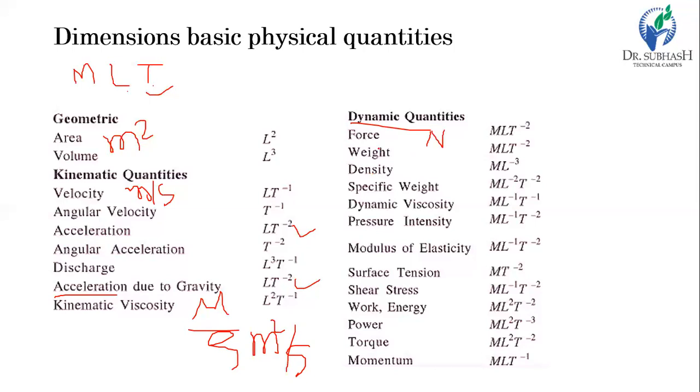For that we can use Newton's second law of motion, F equal to m a, mass times acceleration. The unit of force is Newton, m is kg, and a is meter per second square, so length divided by two times the time parameter.